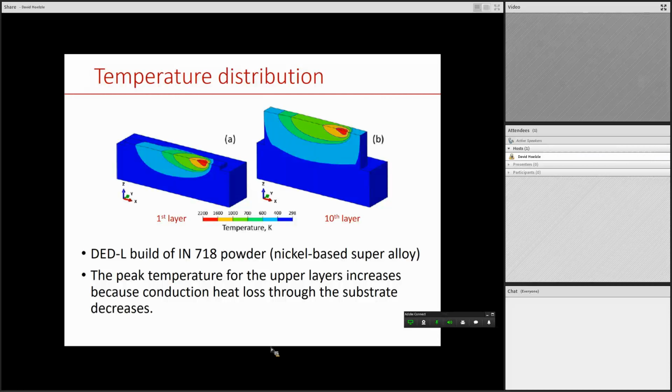One of the biggest problems for us as researchers with these processes right now is that these companies I mentioned in Tuesday's lecture, like EOS and Concept Laser, have invested a lot of money in these processes, and now they're trying to make as much money as possible.